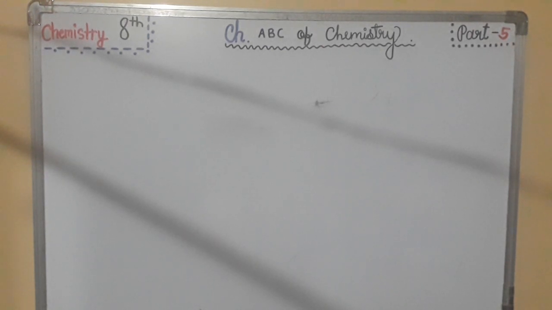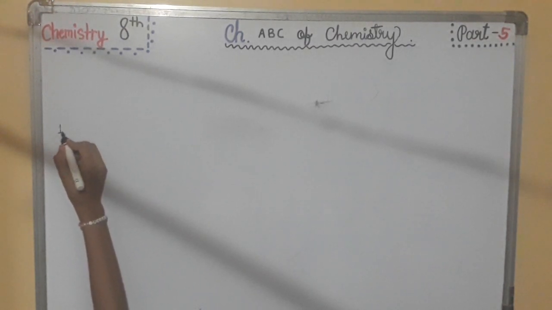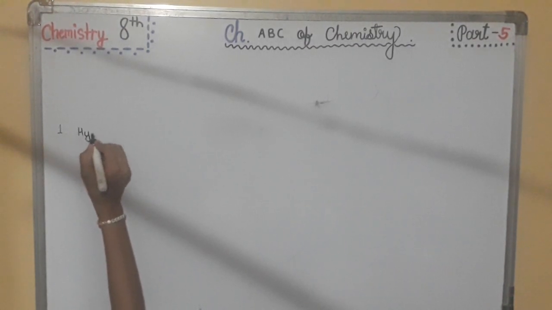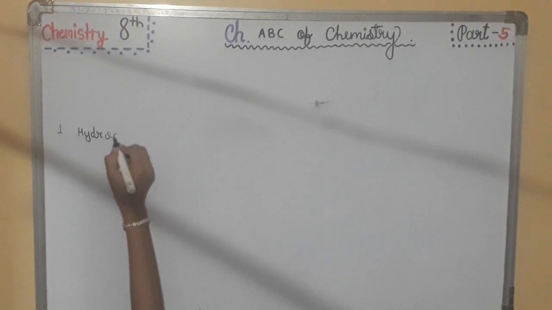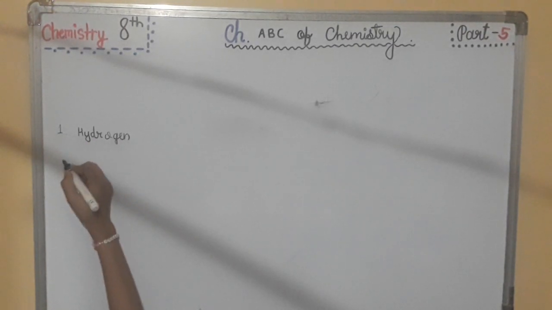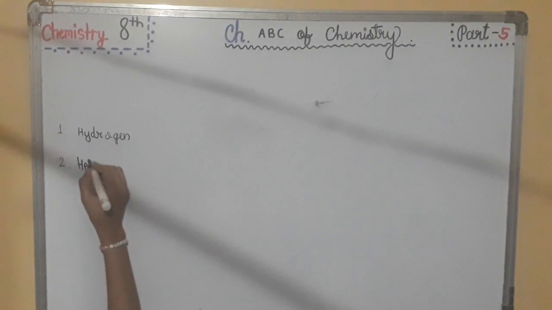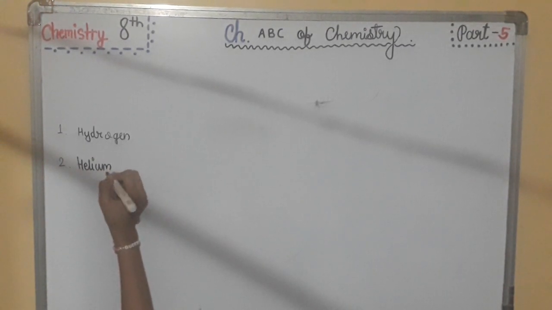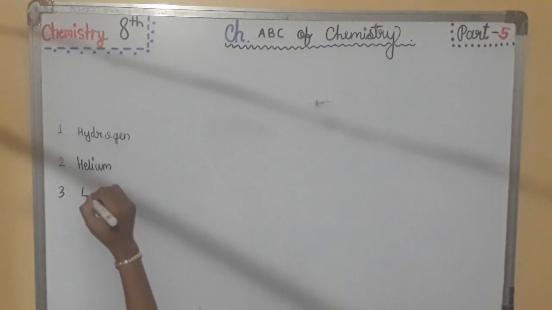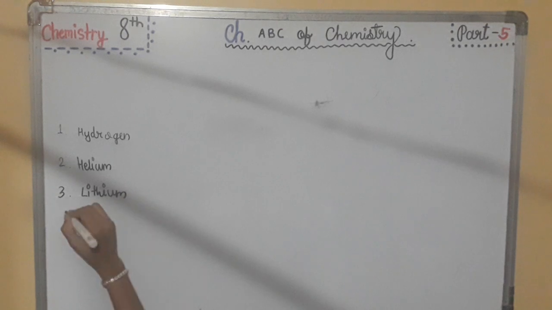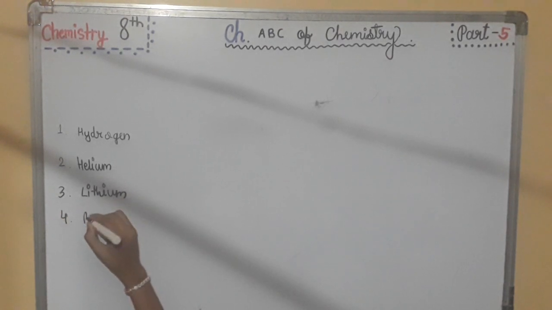So our first element, as we know, is hydrogen. Second is helium. Third is lithium. Fourth is beryllium.